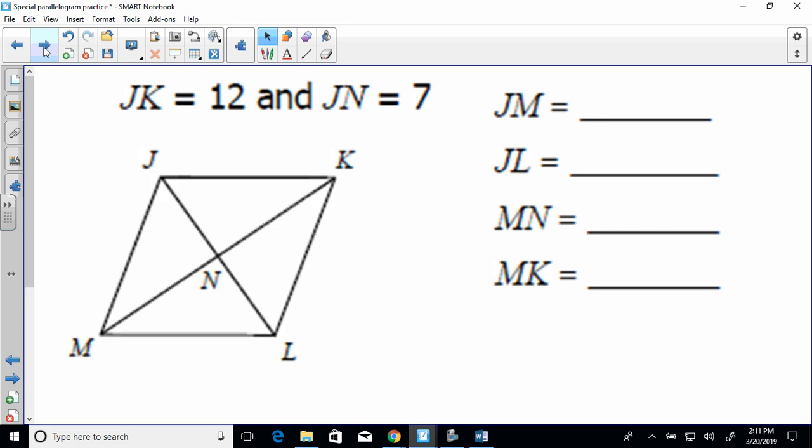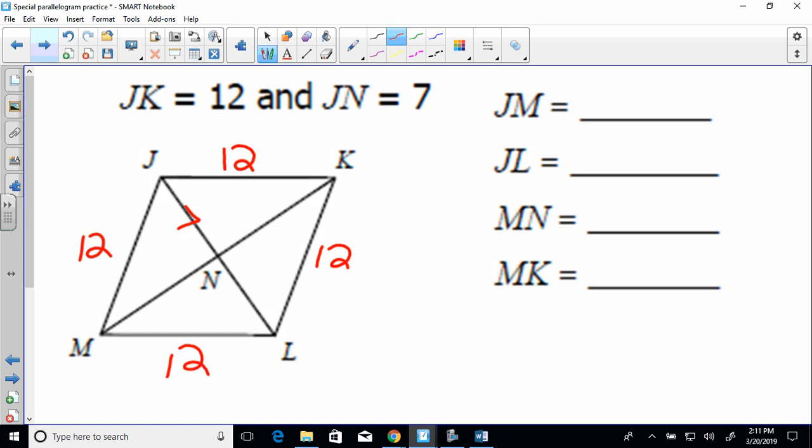Okay, let's look at our next example. Now this one is an example of a rhombus. So remember, a rhombus has four congruent sides, the diagonals are perpendicular, and the diagonals bisect the opposite angles. So in this case, I know that JK is 12, and I know that JN is 7. Remember, a rhombus has four congruent sides, so all the sides around would also be 12.